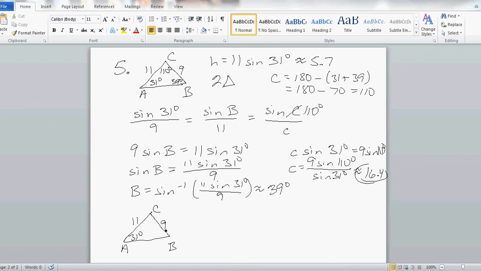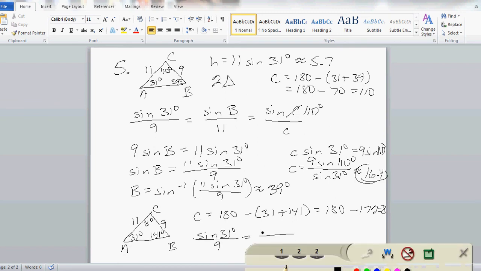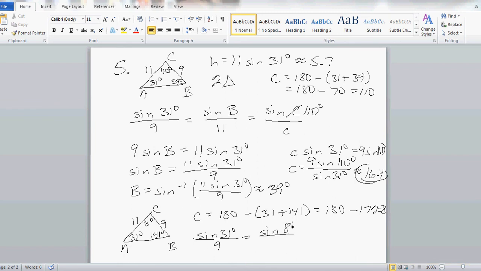But now what we have to do is we have to find the supplement of angle B. Well, the supplement of angle B is 141 degrees, doing a quick calculation there. Angle C would then be 180 minus the two added together, or 180 minus 172, or 8 degrees. So then the only ratio we really have to worry about is sine of 31 degrees over 9 is going to equal the sine of 8 degrees over c.